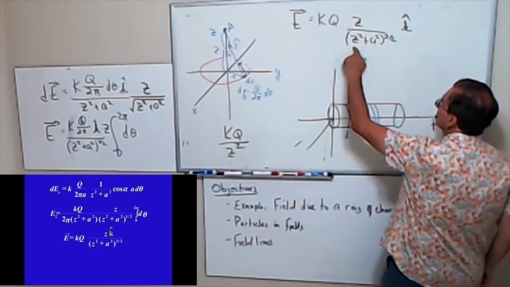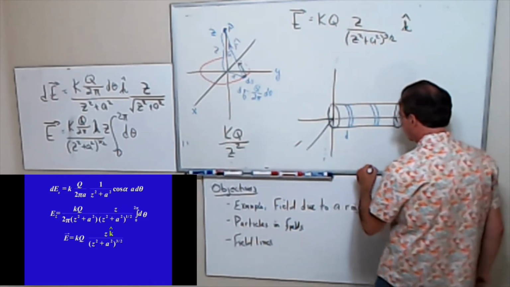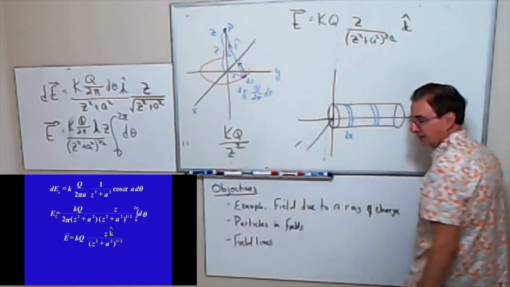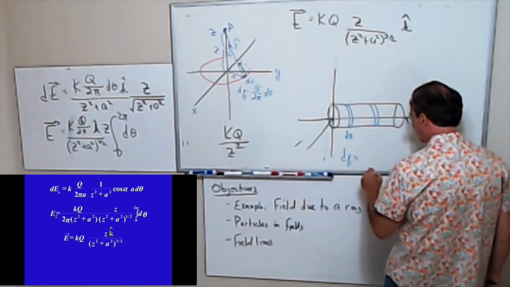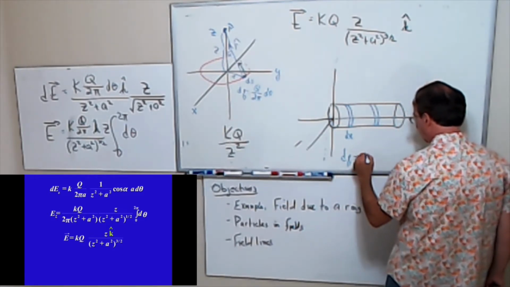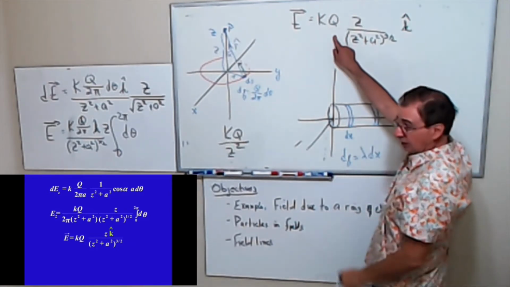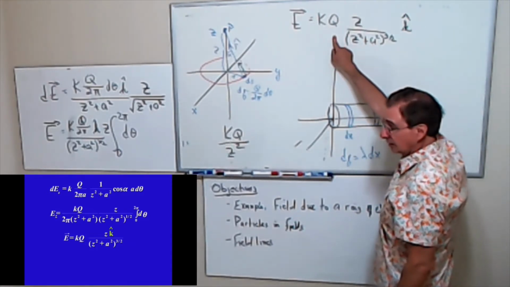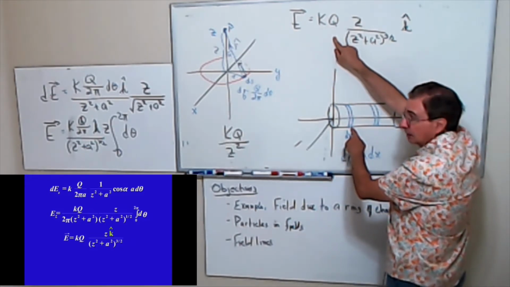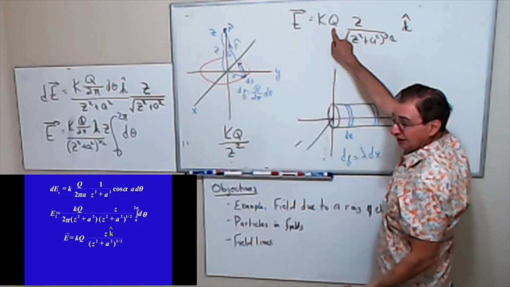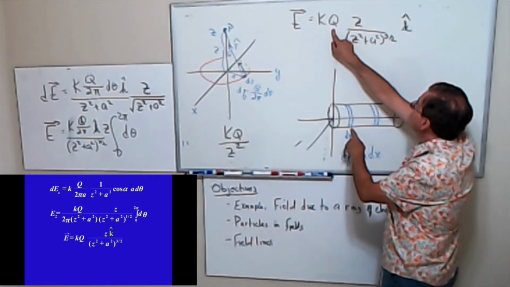In problem 13, this thing lies along the x-axis, so these will be dx's. And your dq is going to be lambda dx. You're going to be using this expression, the field due to a ring, but you change your q to a dq because you're finding the field due to a ring of charge dq.